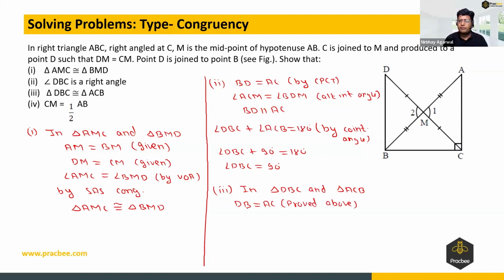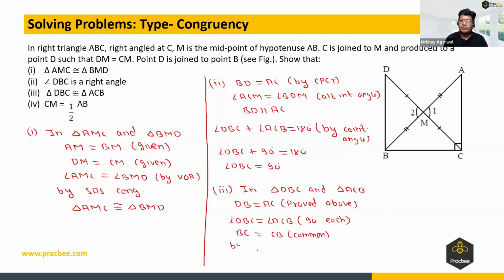Second information we have: angle DBC is equal to angle ACB, right? 90 degrees each. Third one, BC is common, BC equal to CB.